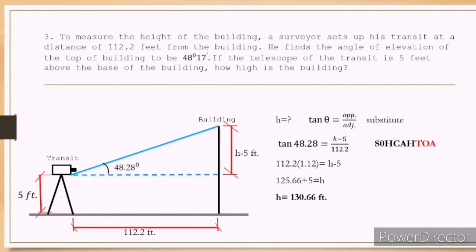So the angle is 48.28 degrees, and H is question mark. Tan theta is equal to opposite over adjacent. Then substitute: tan 48.28 is equal to H minus 5 over 112.2.